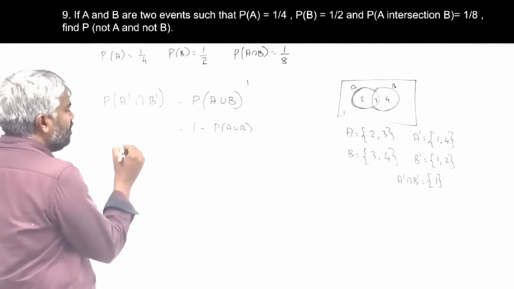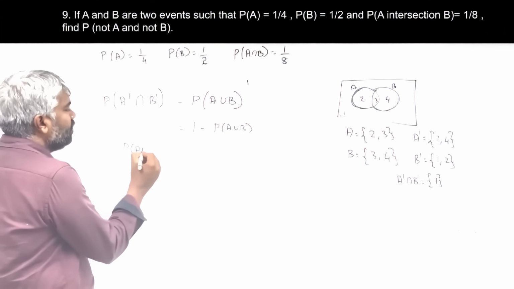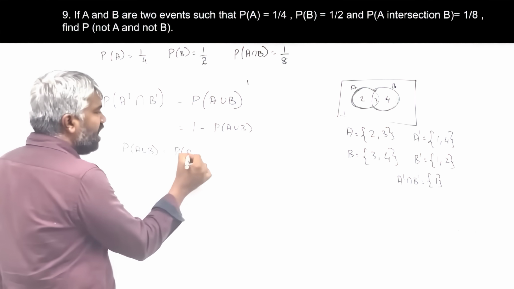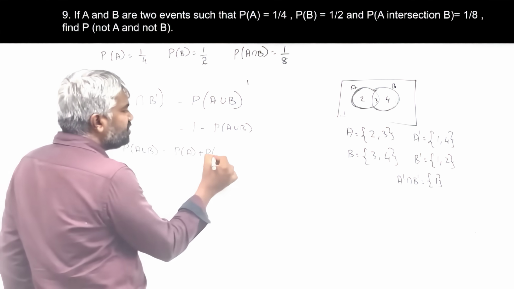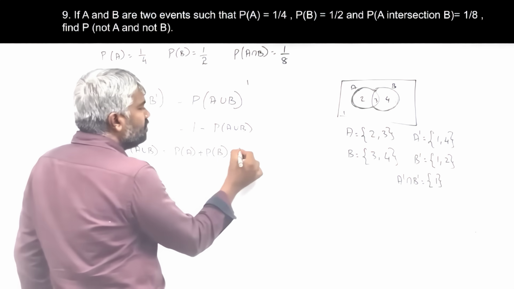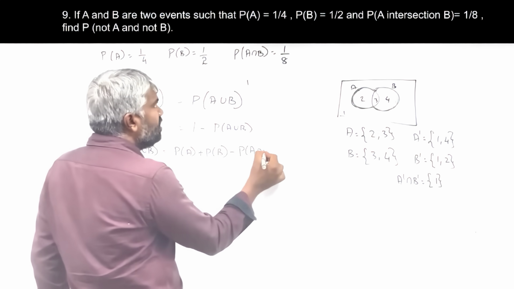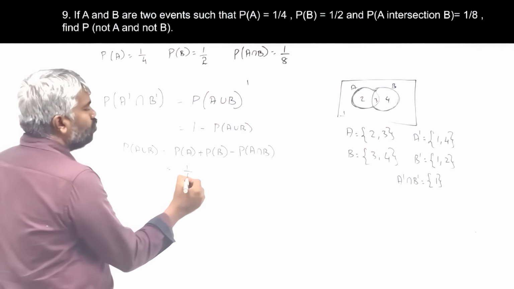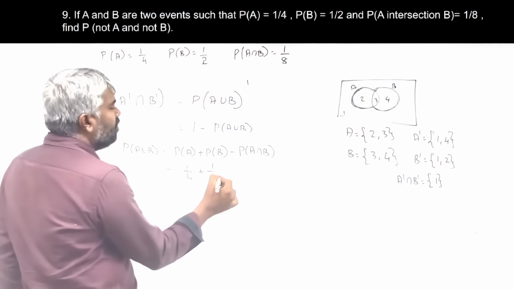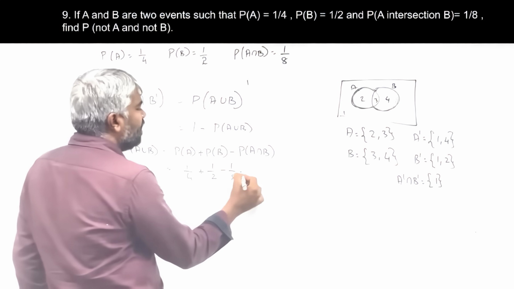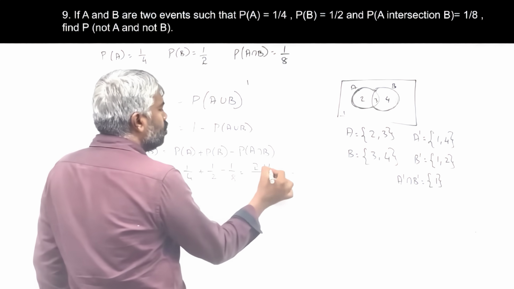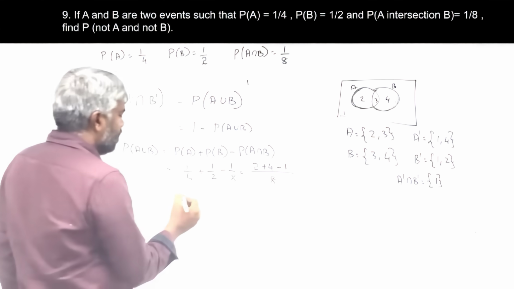First we will find the value of P of A union B. So P of A union B equals P of A plus P of B minus P of A intersection B, right? So what is A? 1 by 4, 1 by 2, 1 by 8. If you take LCM as 8, which is 2, 4, 1.